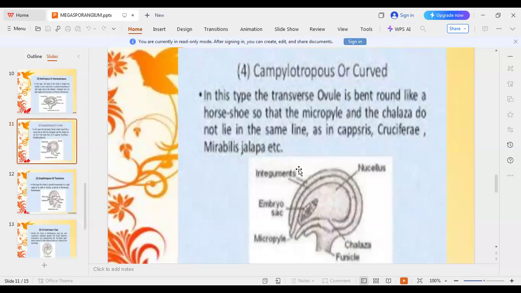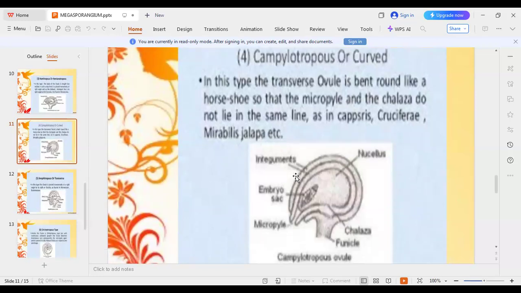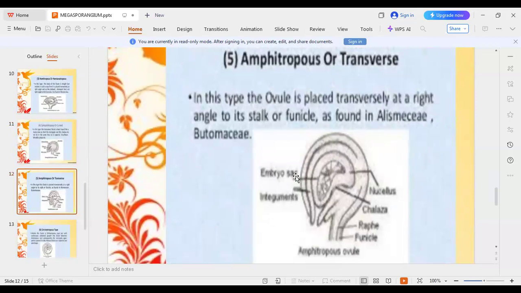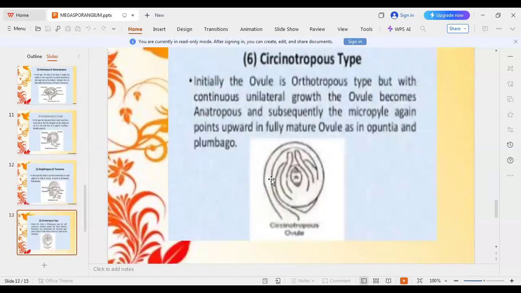The fifth one is Amphitropous, present in Alismaceae, Butomaceae, and some water plants like Lemna. These are the best examples of Amphitropous or transverse ovule. And the sixth one is Sarcinotropous, which is Opuntia and Plumbago.